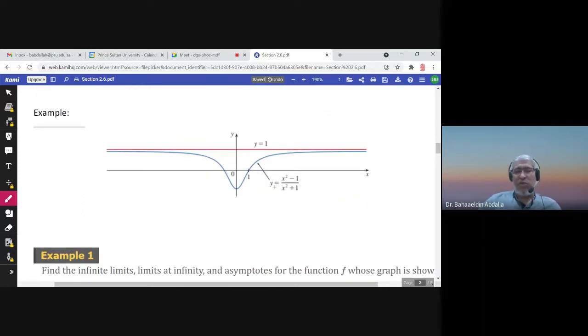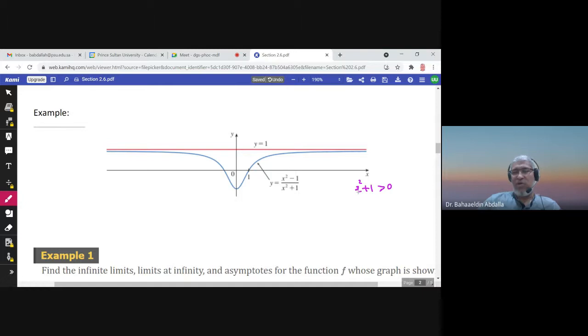Look at this function, x squared minus 1 over x squared plus 1. What is the domain of this function? Of course, you can see the domain from the graph. If you look at the denominator, x squared plus 1 will never be 0. It is always greater than or equal to 1, because the smallest possible value of x squared is 0.